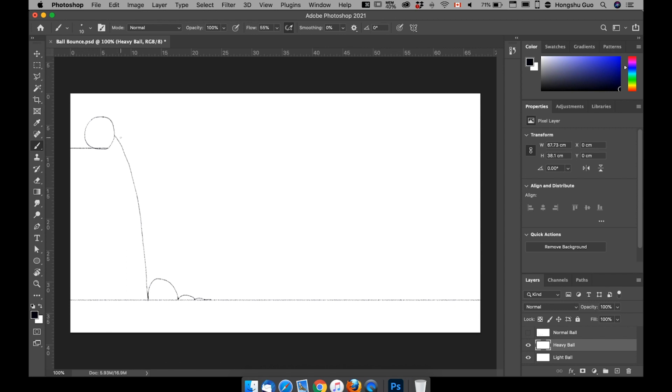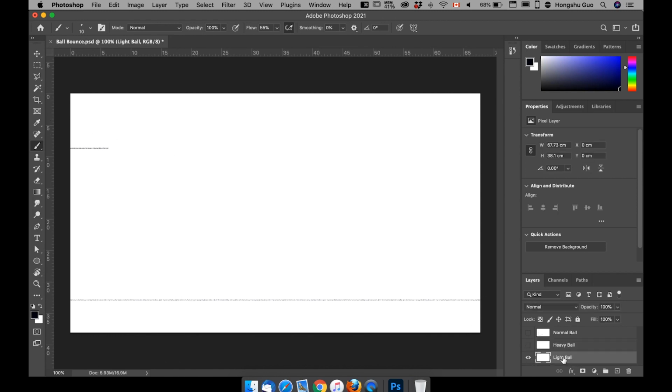If you think about a bowling ball, that's how a bowling ball is going to fall. It's going to probably jump one time a bit higher, and then a couple more times really, really low, barely leaving the ground, until it stops on the ground. So that's a bowling ball bounce.